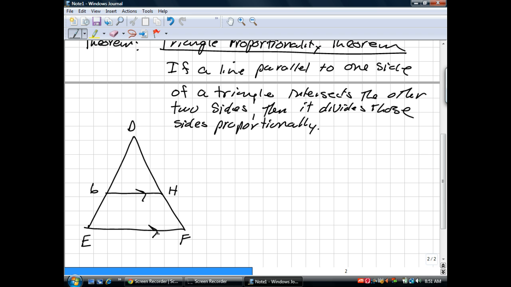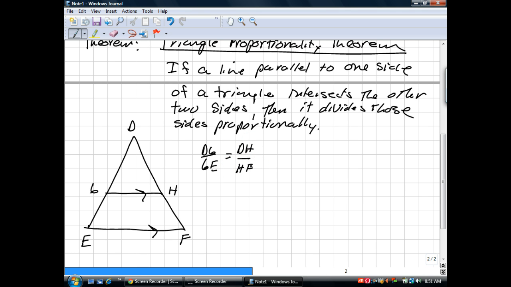Notice also that we have similar triangles, so triangle DGH is similar to triangle DEF. And so many of these proportions can also come from their similarity. But we can say that DG is to GE as DH is to HF.